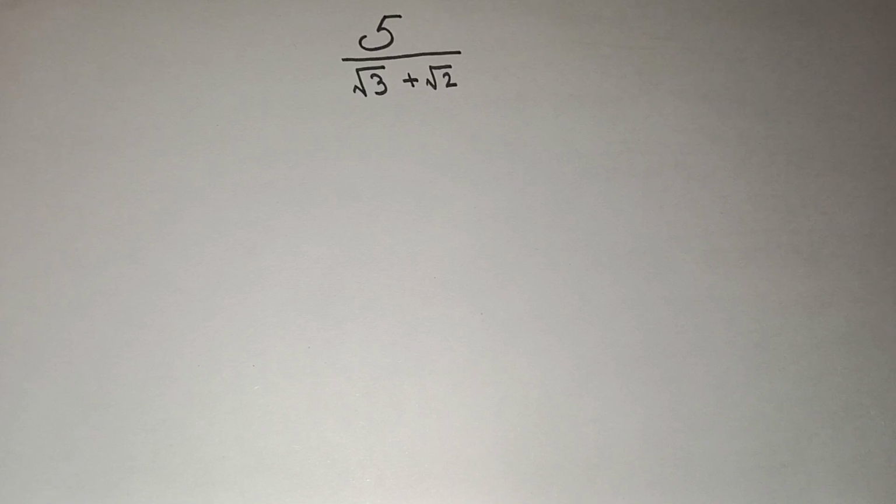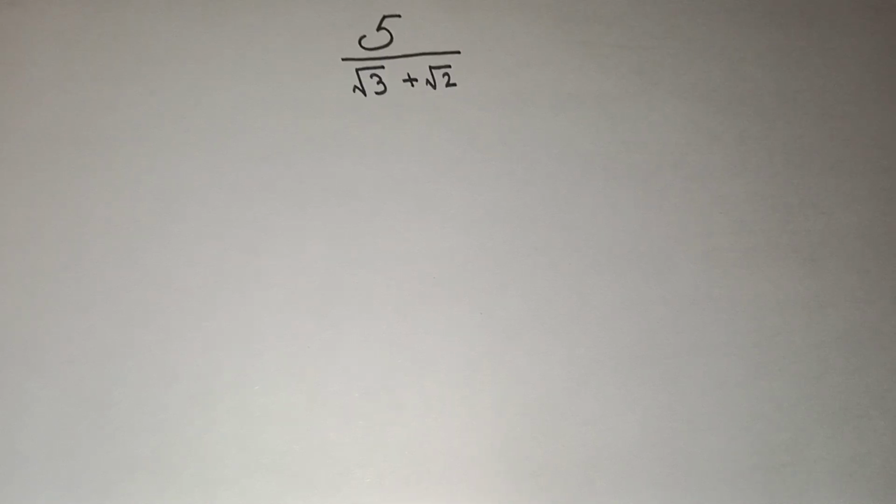Rationalizing the denominator means multiplying the numerator and denominator by the conjugate of the denominator. Conjugate means the surds have the opposite sign, and they are known as conjugate surds.